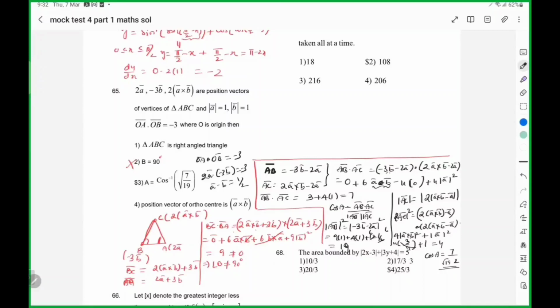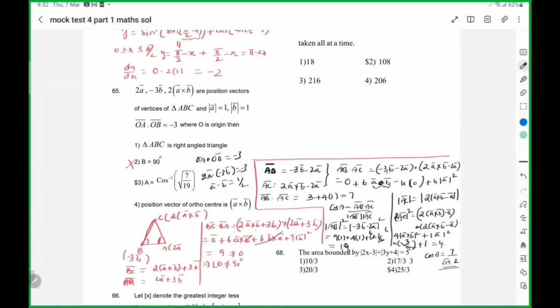Let us find out once again AB dot AC. 6 A dot B plus 4, so 3 plus 4, 7, correct. AB whole square is 19, correct. So this is in fact AC square. Mod AC square is 4, AC will be root 2.